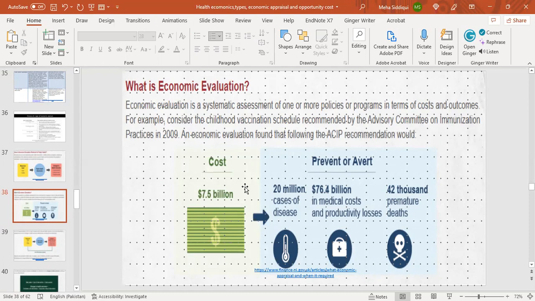An economic evaluation found that following this recommendation would cost $7.5 billion, and the outcome was the prevention of 20 million cases of diseases, 76.4 billion rupees in medical costs and productivity losses, and 42,000 premature deaths. So this was the health outcome, and this was the input. All of this was being assessed by the economic evaluation.